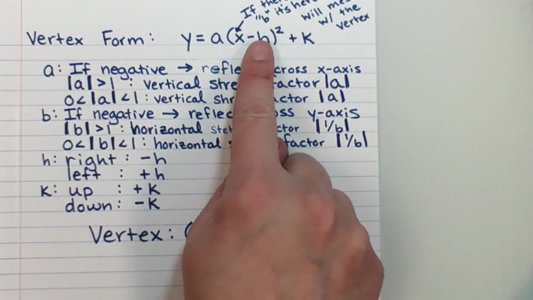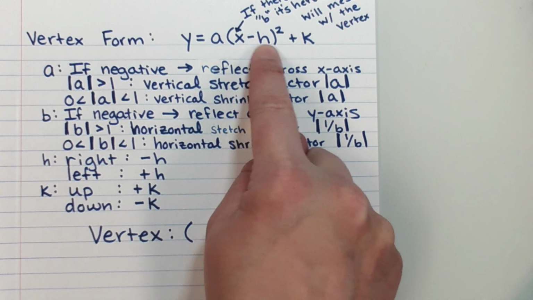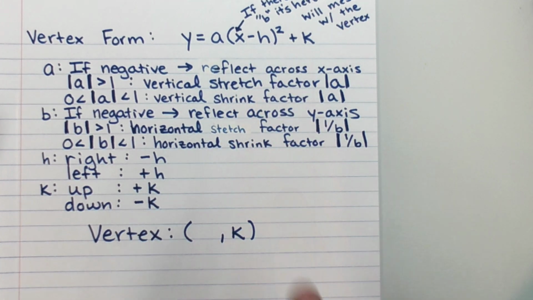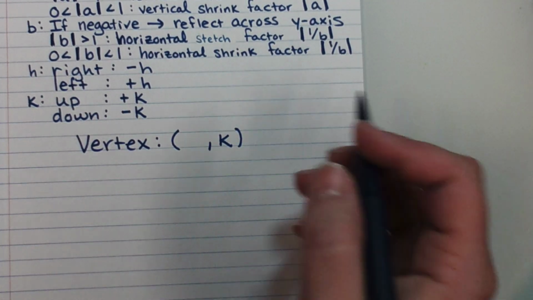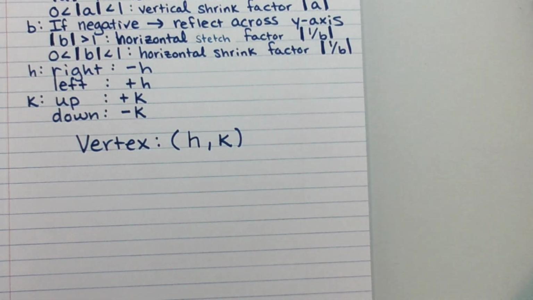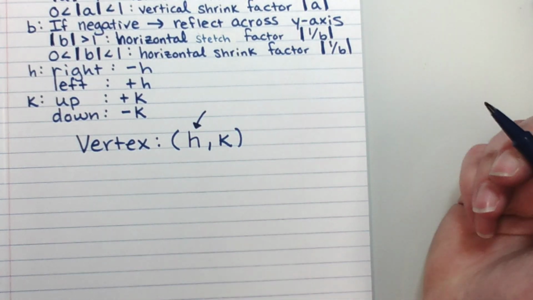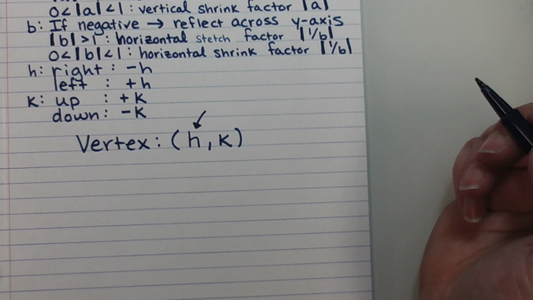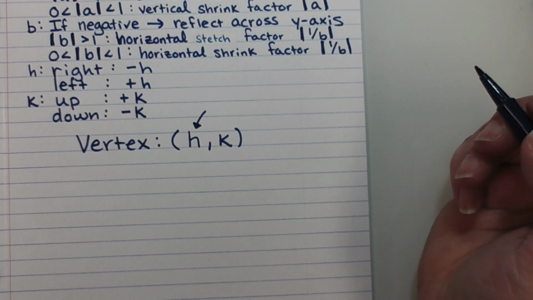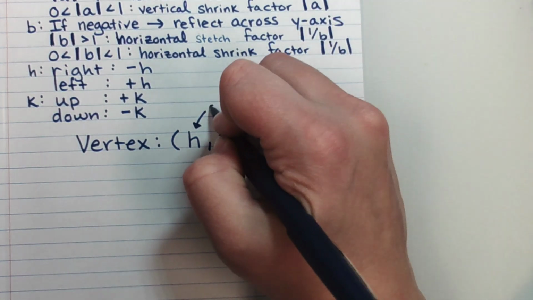Do you notice that vertex form has a negative in front of the h? It's designed that way because the vertex itself is technically at h, k, keeping in mind that h is the opposite of the number actually added or subtracted in the parentheses.